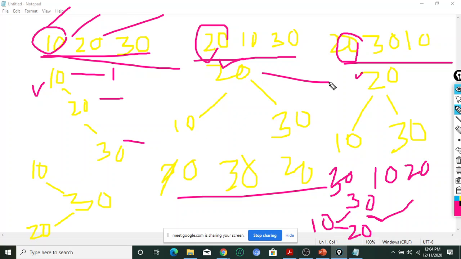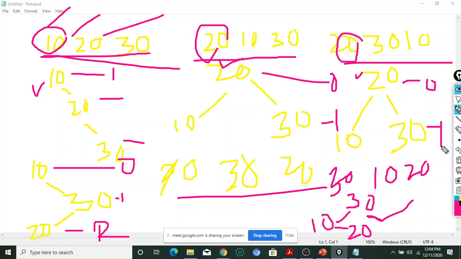And if I consider this one, what is the height of this tree? This is height 1. And for this one, the height is 0, 1, 2. And if I count from 1, then it will be plus 1 for every tree. So you can consider 1, 2, 3, whatever it is.